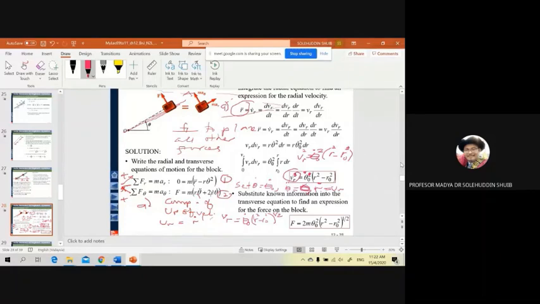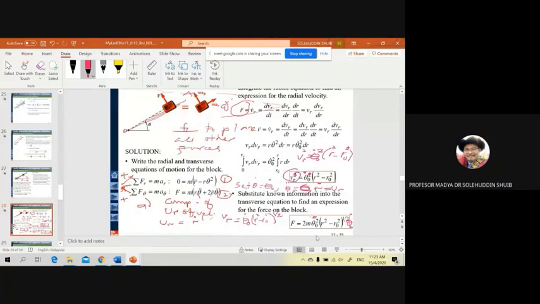So you substitute for V_r and then you get this expression, which is F equal to 2 times m times theta dot square times the square root of (r square minus r0 square), with theta double dot equal to 0.